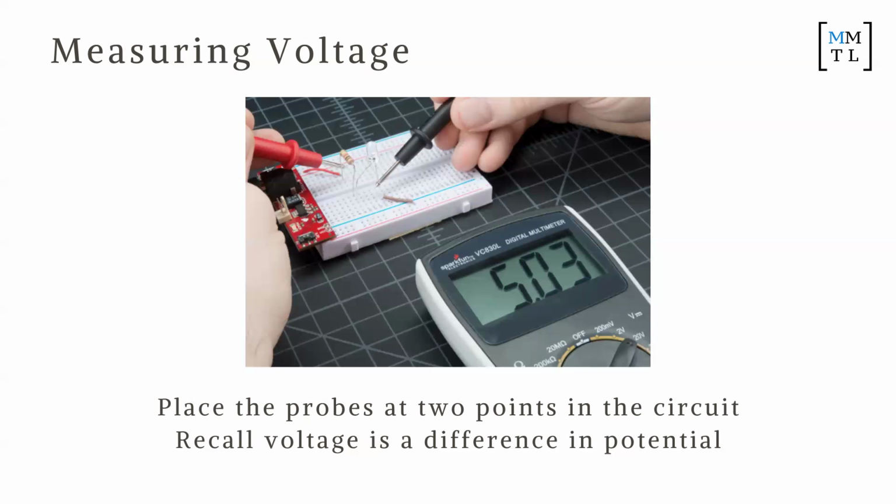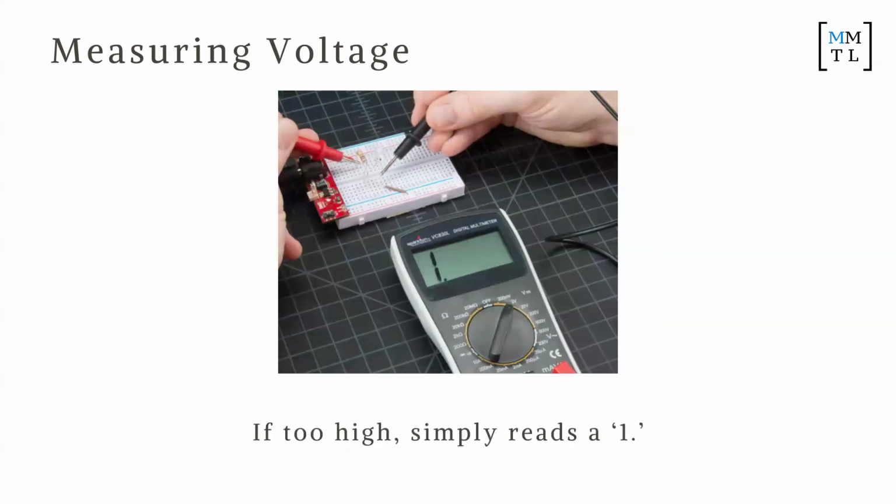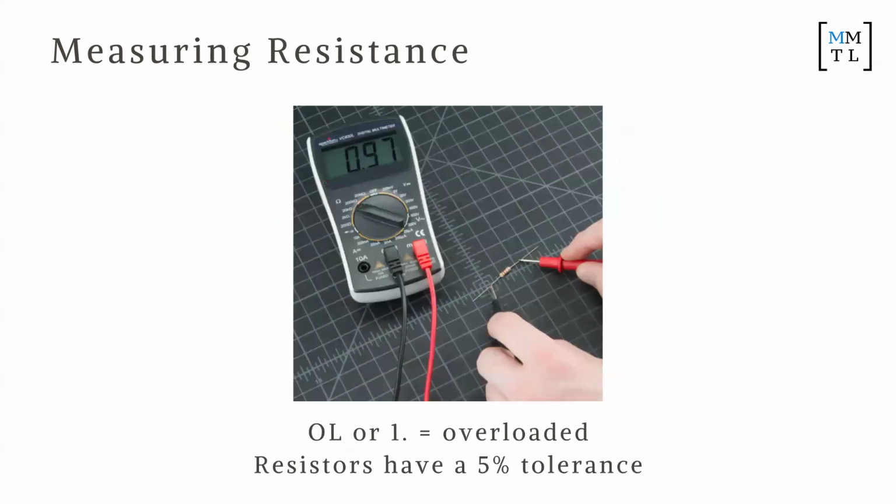So that's how voltage works, and recall that voltage is a difference in potential across the component, right? So that's how you measure voltage. Okay, and if it's too high, it simply reads a one dot. The number that you set it to on the multimeter itself, like the 20 stuff, is just different ranges, right?